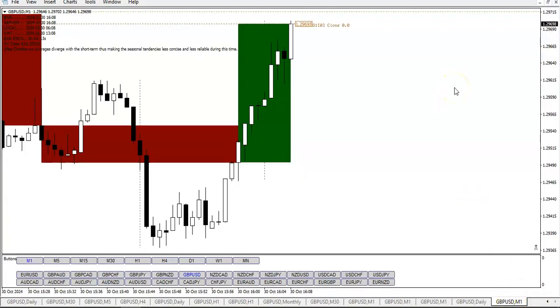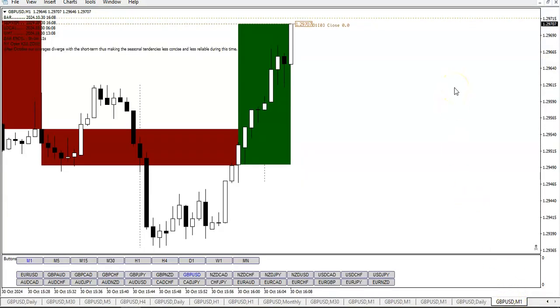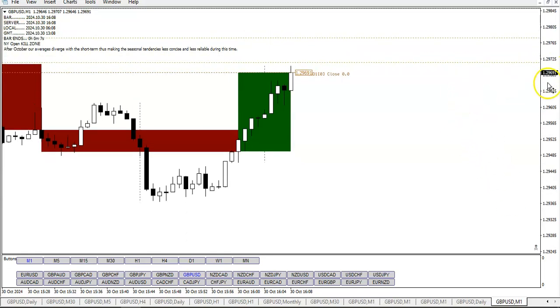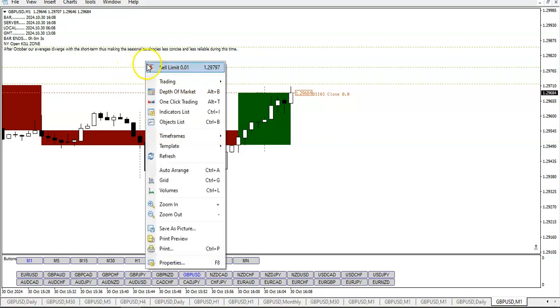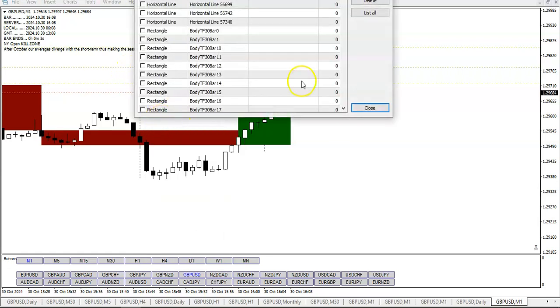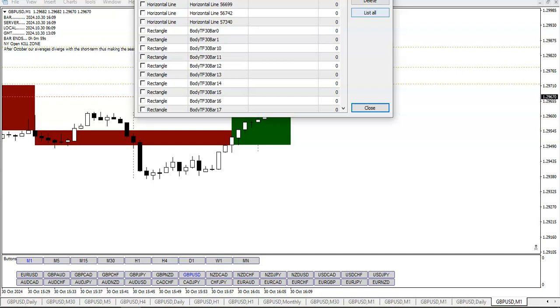And part of that gun to the head trading idea. Let's see, I already have some horizontal lines on here, but let's get rid of them and start over.